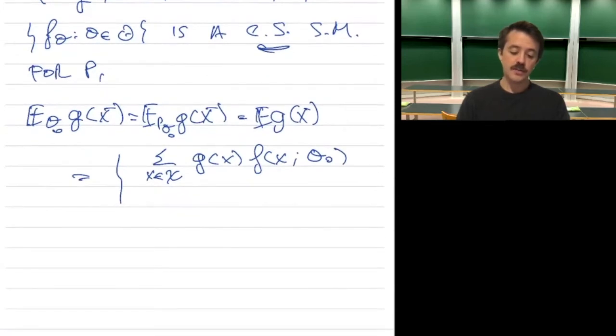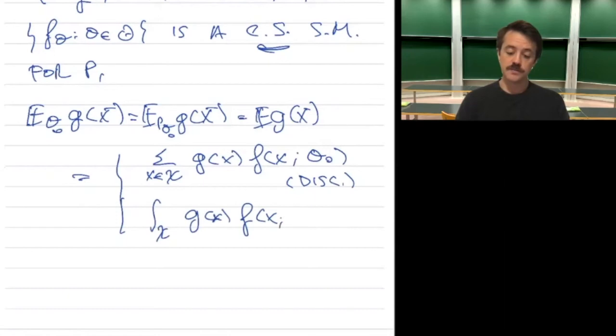And in the continuous case, this is simply the integral over the sample space of this Gx and then the F. So we have the probability density function, and the x. And this is the continuous case.